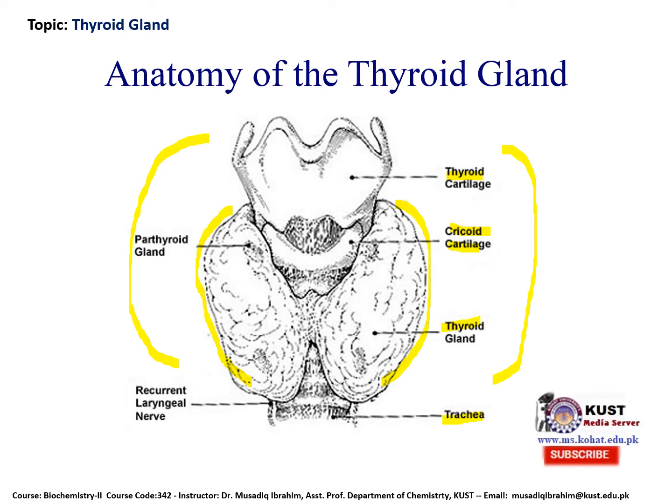This is the trachea around which the thyroid gland is encircled, and here we have the recurrent laryngeal nerve, and on top of the thyroid gland you have the parathyroid gland. So this is the anatomy of the thyroid gland regarding the structure of the thyroid gland as well as the location of the thyroid gland in the neck region.